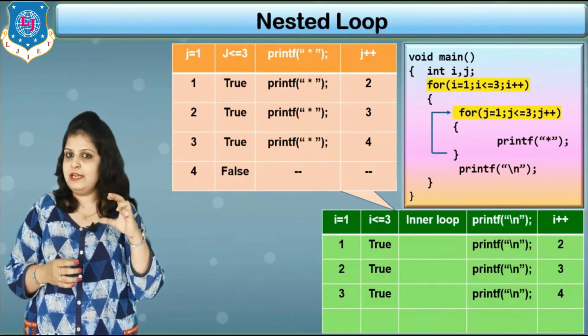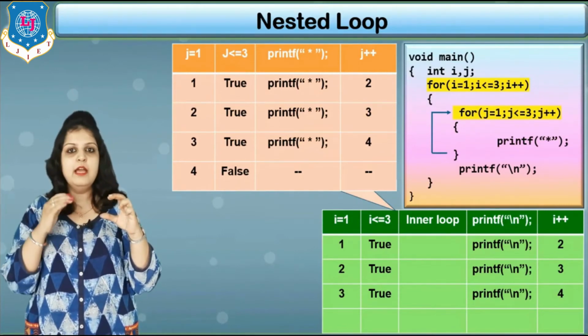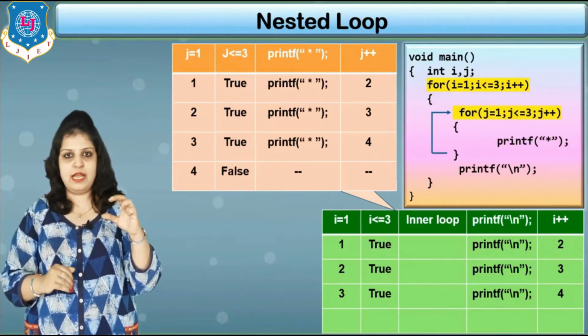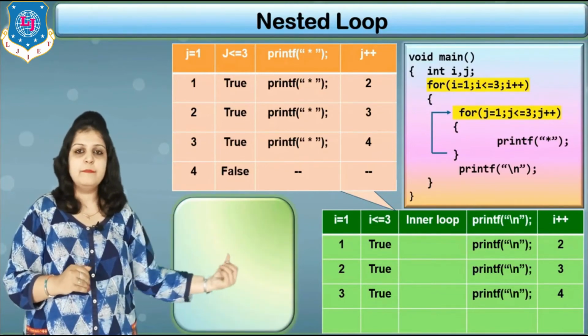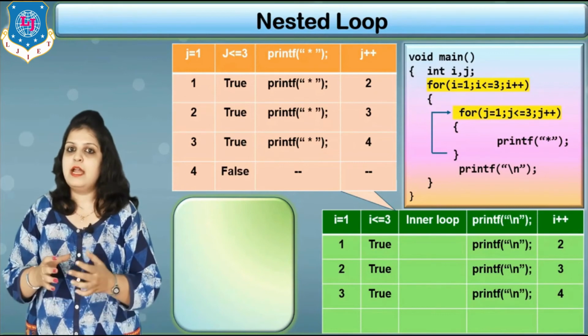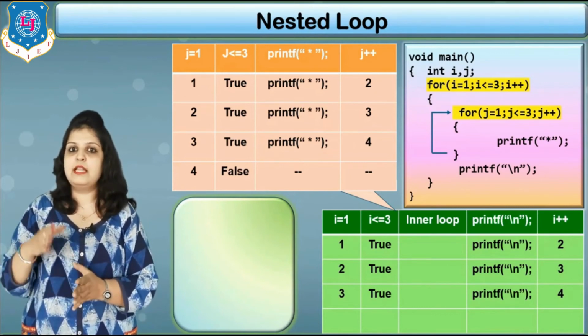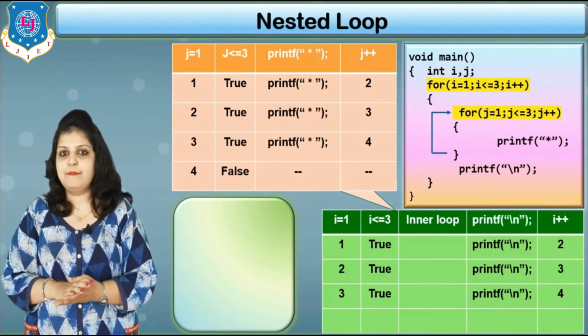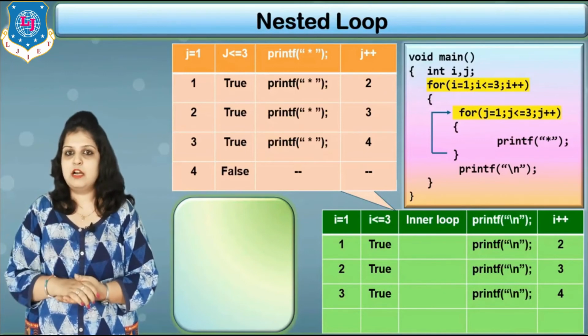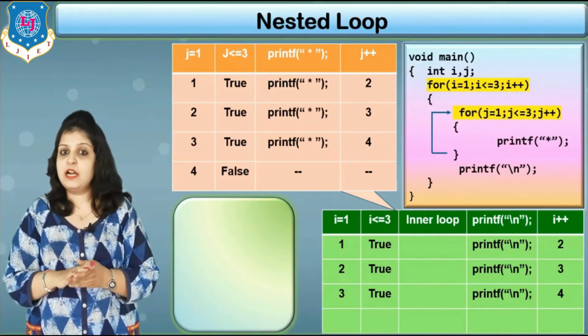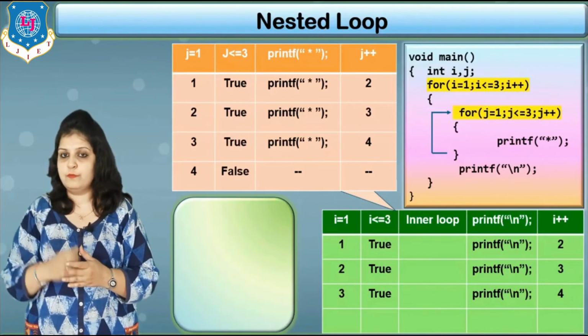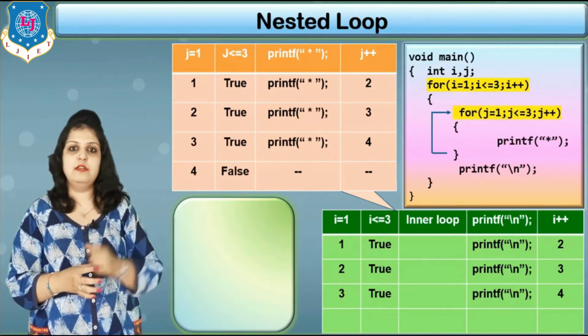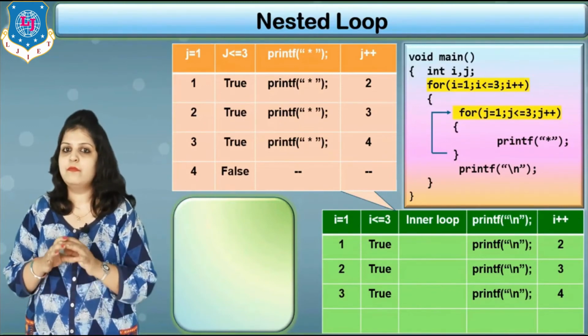So our inner loop execution stops here, and control goes to the next statement, that is printf /n, and /n will be executed, then after that our I will be plus plus. Now our I becomes 4, and check the condition of our row loop. So 4 less or equal to 3, our condition becomes false now.